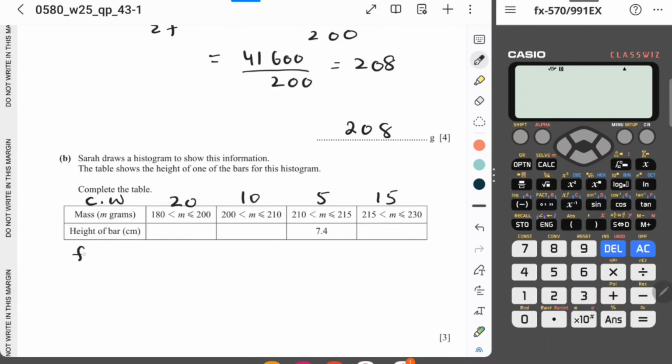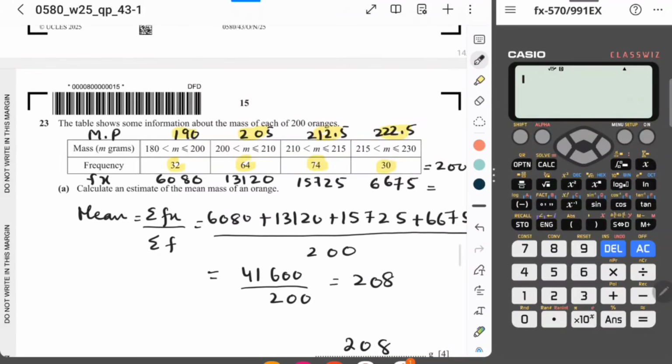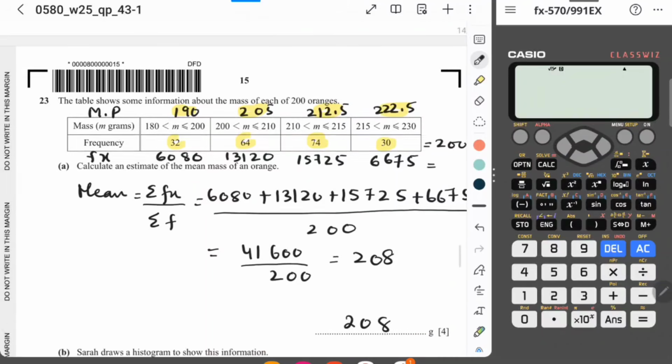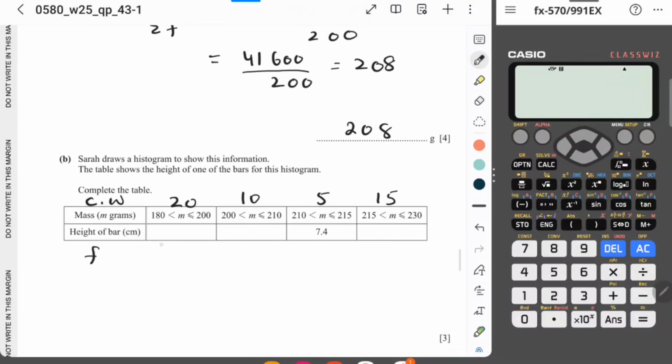Frequency density is frequency over class width. We are going to find all of them. First of all, write down their frequencies from the top. So the frequencies are 32, 64, 74 and 30.